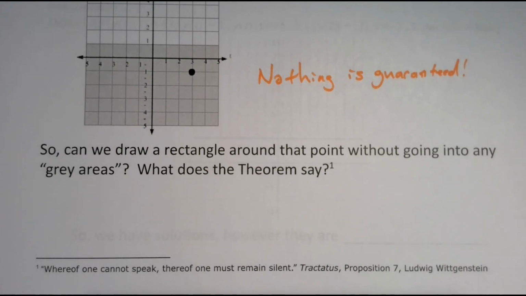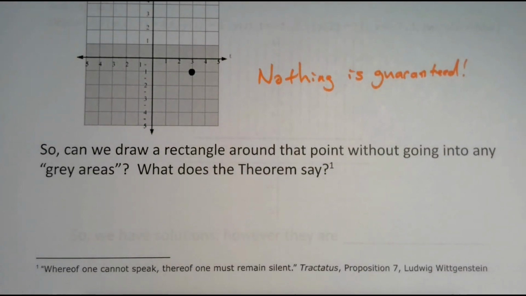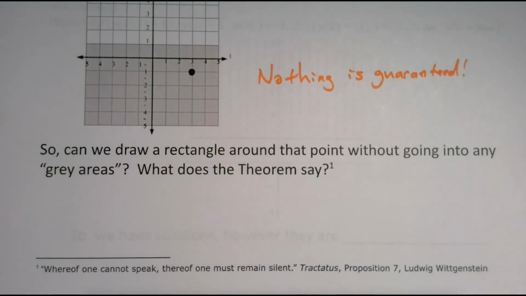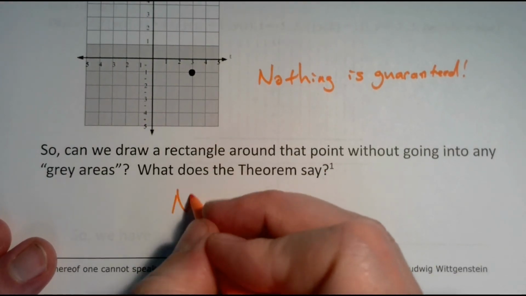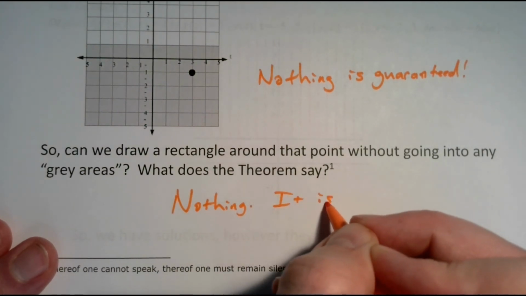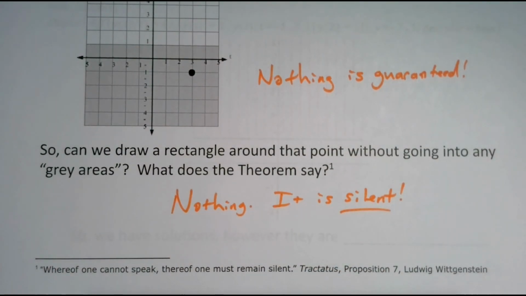If you can meet all the requirements, then the theorem can guarantee. But if you can't meet the requirements, then all you get to do is say, I can't guarantee you anything. The theorem doesn't say anything. So what does the theorem say in this region? Nothing. It is silent. And by silent, we mean it is of no use to us at all.